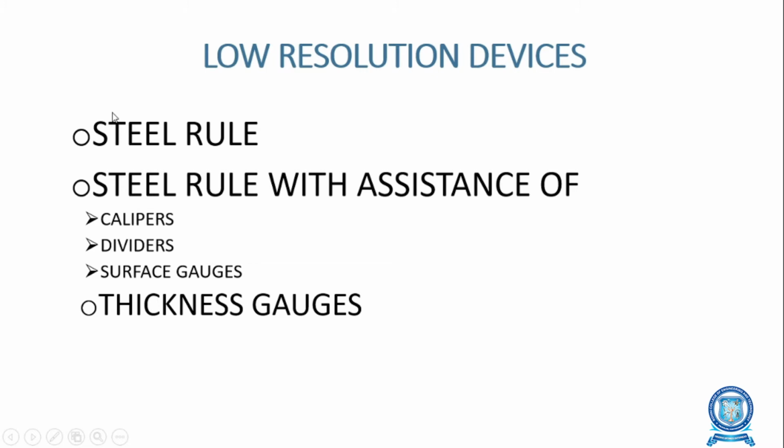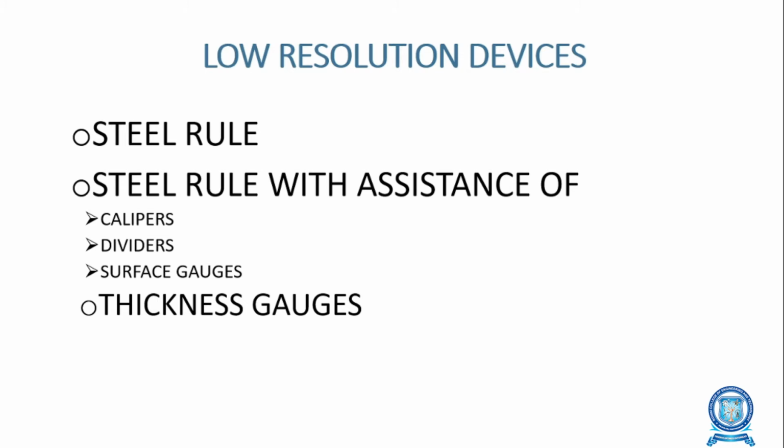A steel rule is nothing but a steel scale with measurements, and the steel rule is used with the assistance of calipers, dividers, surface gauges, etc. These calipers, dividers and surface gauges are used with the steel rule for dimensions. And the last one is thickness gauges. It is used to find out the thickness of any element or material.